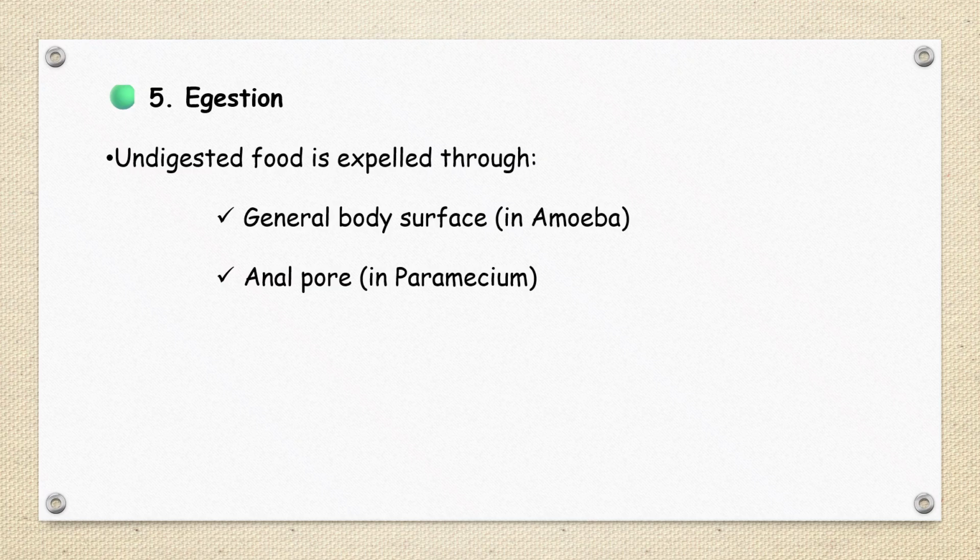For example, in amoeba, which doesn't have a definite shape, the waste is excreted anywhere through its general body surface. But in paramecium, which has a specific anal pore, or cytopyge, for excretion, the waste is expelled through that anal pore.